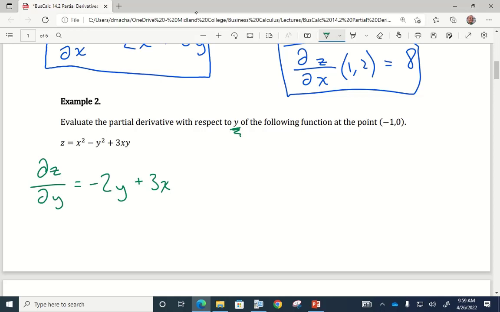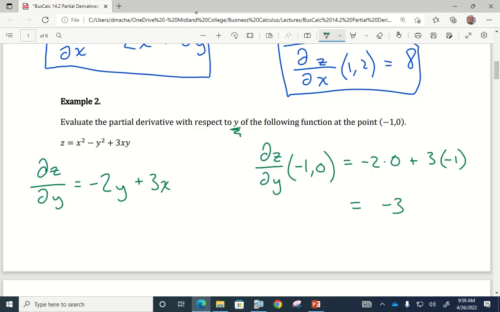Wait, actually, I forgot the negative. And then we can. Negative 3. So y is going to be 0, and x is going to be negative 1. So my answer is going to be 0 minus 3. It'll be negative 3.